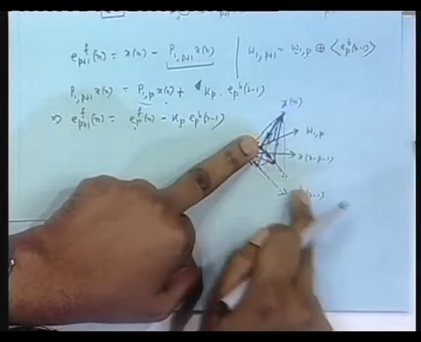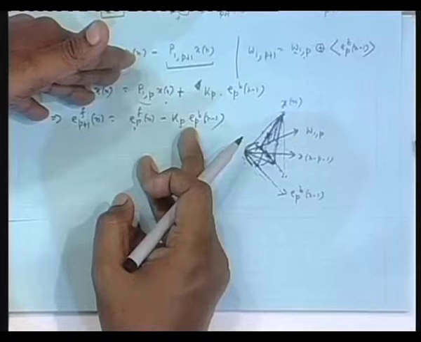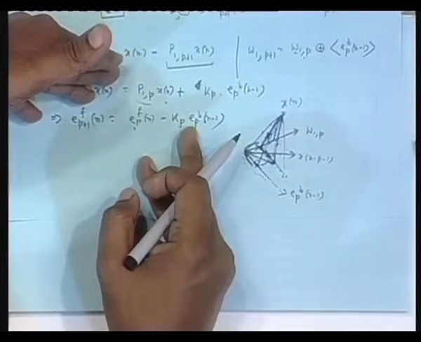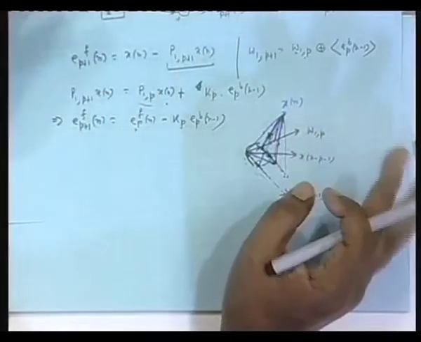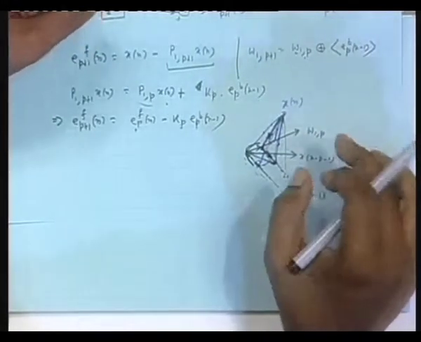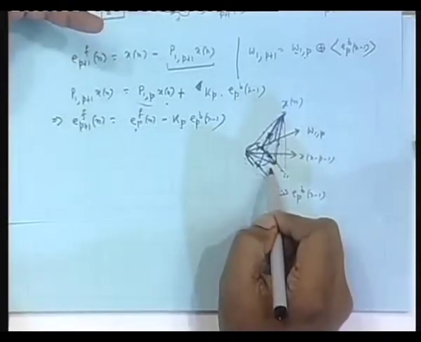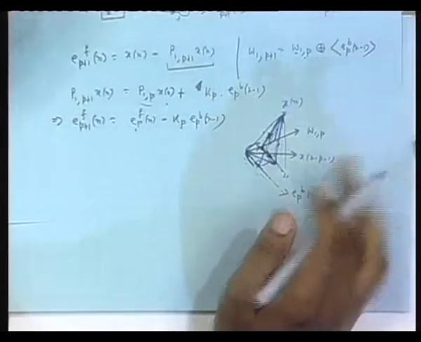As I deviate further and further this way, the norm square of that error vector obviously will increase. You can now verify algebraically also, isn't it? So obviously it will be a quadratic function of k, the norm square of that error vector, and it will be minimum only when I am here, because then it will give rise to the projection.